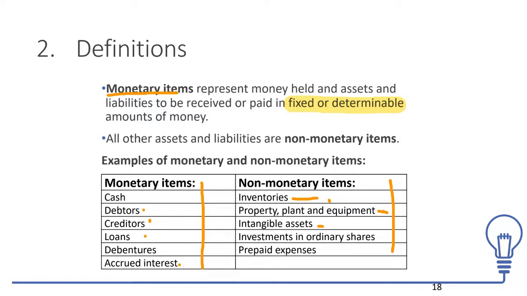So if we've got monetary items, we're obviously going to have something called non-monetary items. Non-monetary items are items that don't have a fixed amount of money allocated to them. So if you think of inventories, we might have an idea of what the cost of the inventory is, but we're not going to know exactly the amount that we're going to sell them for until we sell them.